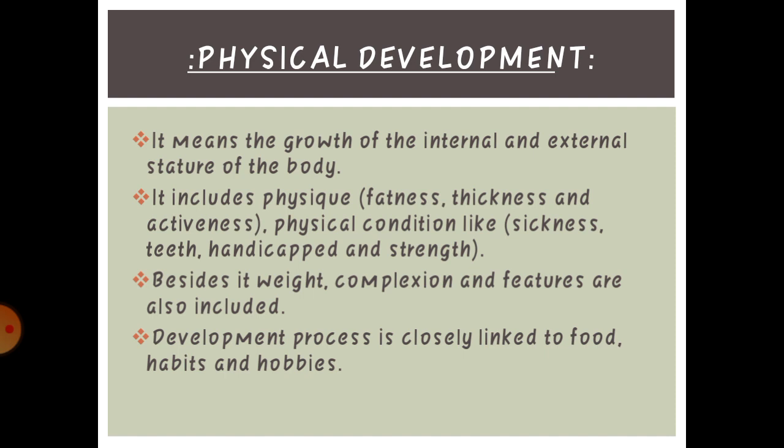Are we fulfilling the food requirement our body has or not, like intake of milk, protein, vitamins, and all the types of diet we need, are we taking them or not? Habits are also part of it. Are we in the habit of exercising or not? What type of daily habits do we have, what type of hobbies are included in our daily life? These three things are very important for proper physical development.